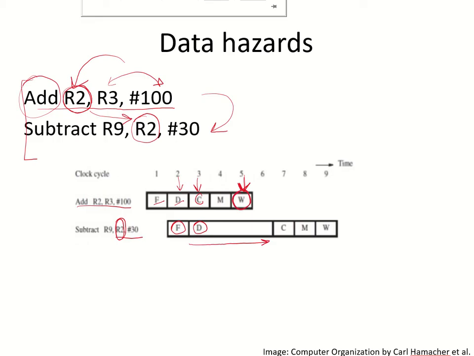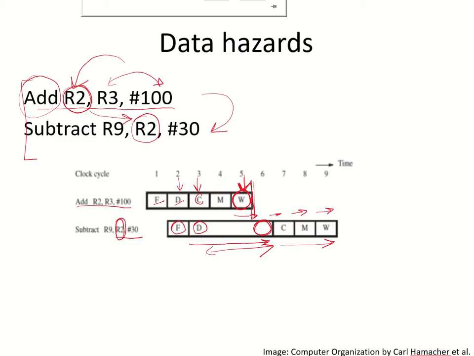When the contents of R2 are available at the end of clock cycle 5, they will be sent to the decode stage of the subtract instruction, and from there the pipeline will proceed. So in a way, a bubble or a stall has been produced, which will be passed on to the other stages, and each stage is delayed by these 3 clock cycles.